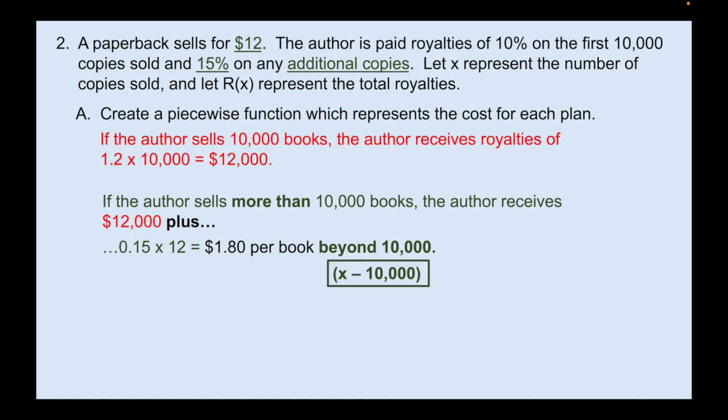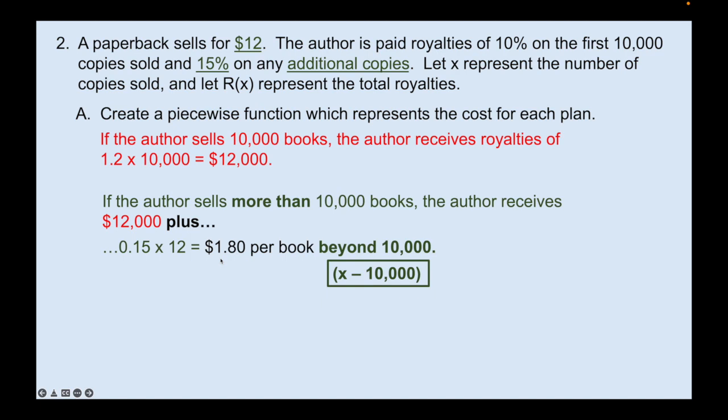And so when we talk about beyond 10,000, we need to express that algebraically. What we want to do is take our new number, which we'll call X, and subtract 10,000. Say the author is selling 10,001 books: plugging in 10,001 for X, 10,001 minus 10,000 would just give us 1, so only one book should be making $1.80.